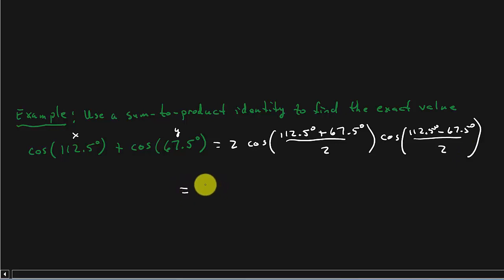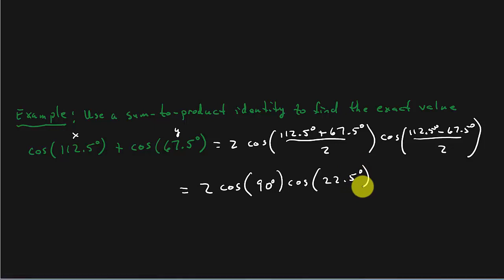And so this is going to be 2 times cosine, and you can plug it in your calculator. That's 180 over 2, which is 90, times cosine of, and I believe that's going to be 45 over 2, so that's 22.5. All right, so they want us to find the exact value.